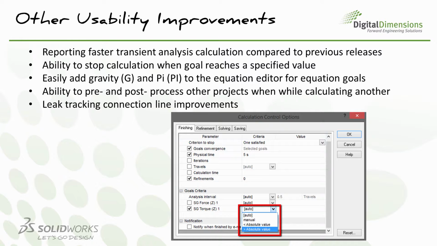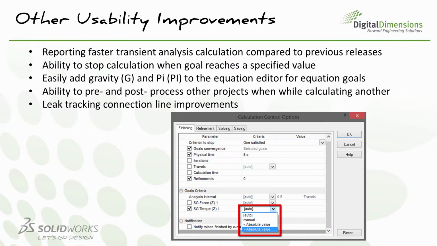If you look here at the screen at the bottom there, in the red rectangle, we can go in and specify any or all of our goals, and we can give it a specific value. We just click on the greater than or less than absolute value, and we enter a value, and the calculation will stop once it satisfies that Boolean operation. The next enhancement is quite nice. It's the ability to add gravity and pi to our equation editor when we're editing our equation goals.